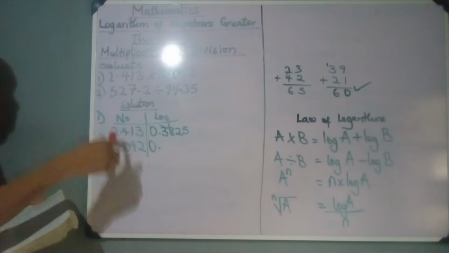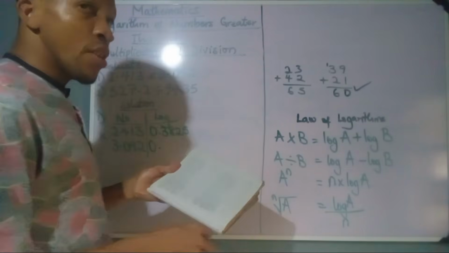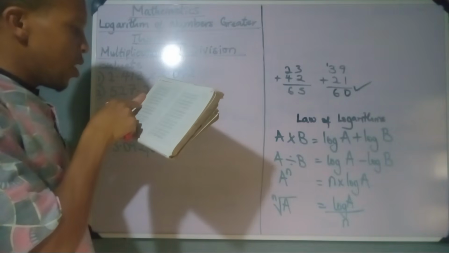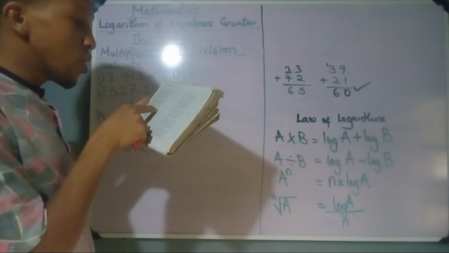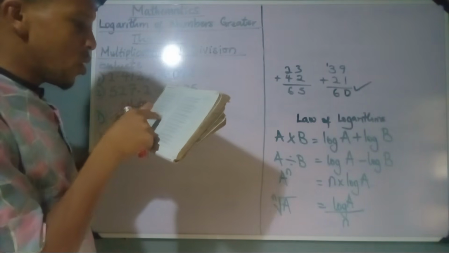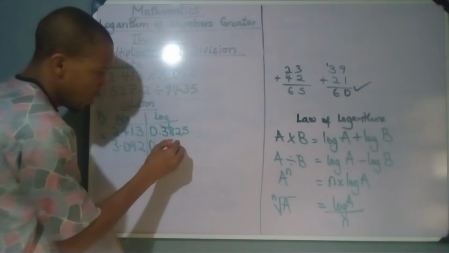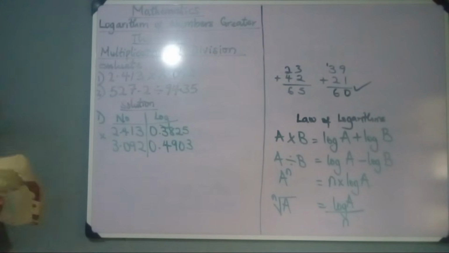So the power of 10 here will be 0. So I'm going to check 30 under 9 difference 2. That will be 30 under 9, that's 4900. And difference 2 is 3, so that will be 4903. So we found the logarithm of the two numbers.